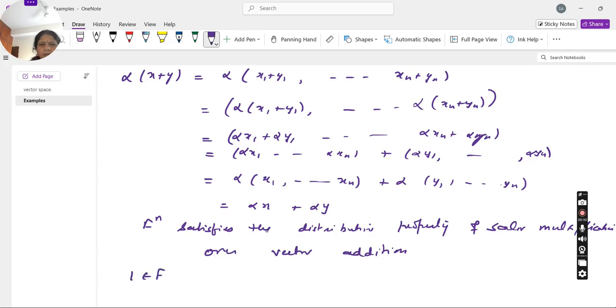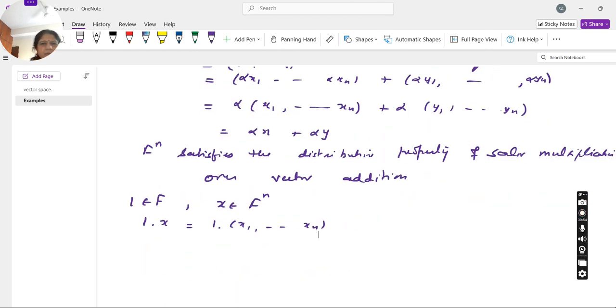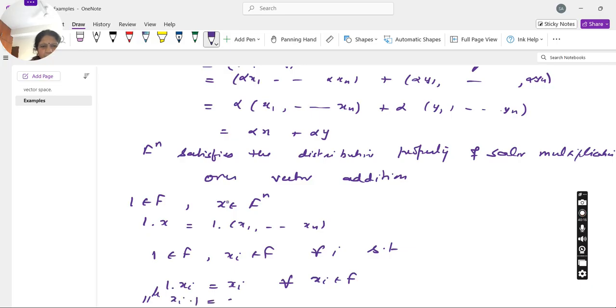Now, 1 belongs to F and x belongs to Fn, the n tuple of F. Then 1 into x is 1 into (x1, x2, ..., xn). 1 is the multiplicative identity of F. 1 belongs to F, xi belongs to F for all i, such that 1 into xi is xi, and similarly xi into 1 is xi for all xi belonging to F, for all i.